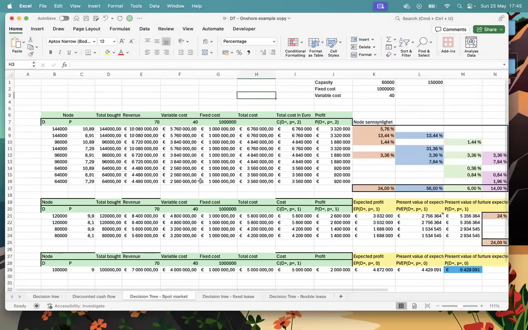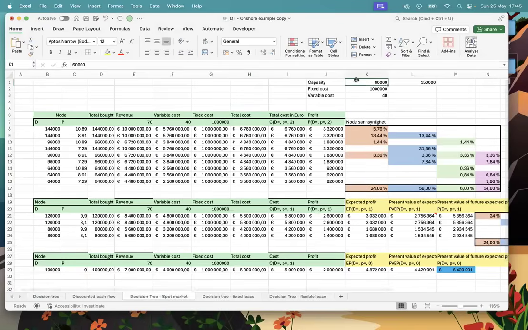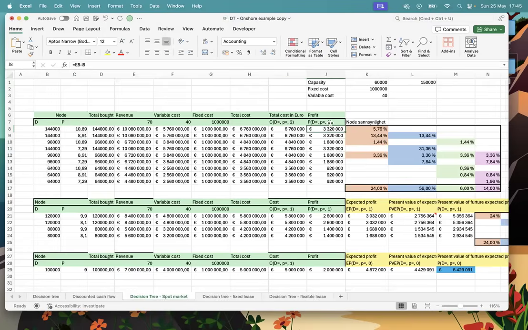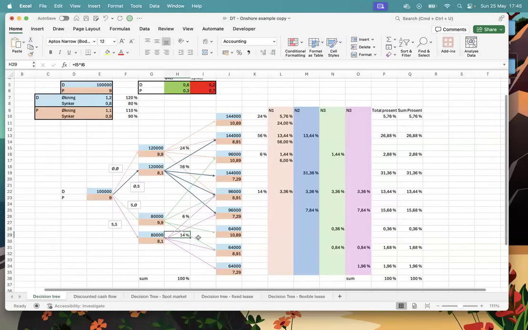I have added our capacity for 60,000 and 150,000, our fixed cost of 1 million euros, and our variable cost of 40 euros per panel. And then from this period, this is our second period, as you can see here, with demand and price.